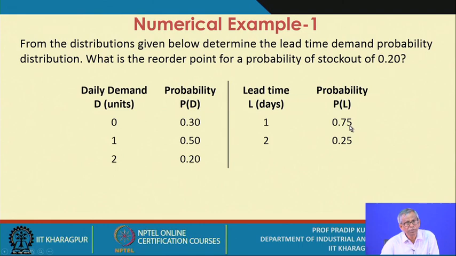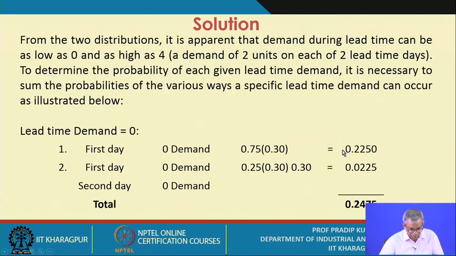That means in 75% of the cases you may assume the lead time would be 1 day, whereas in the remaining 25% of the cases the lead time could be 2 days. So against 2 days lead time, the corresponding probability is 0.25.